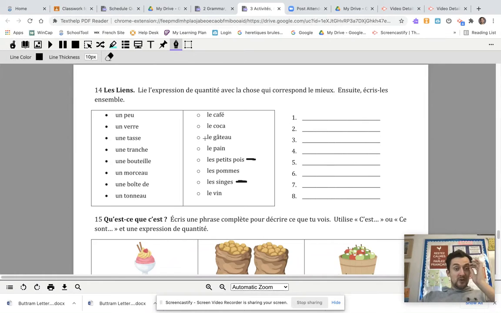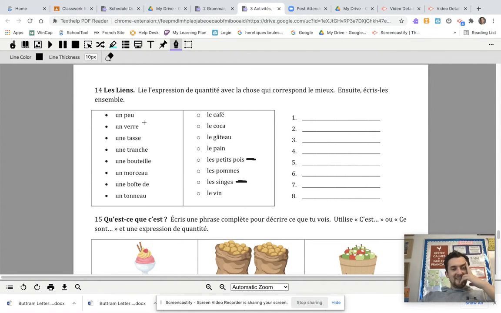Let's do... Which one would un peu go with? That's going to be slice. That's going to be... Oh, okay. So wine and Coke, you can use interchangeably. You can choose which one is... Oh, no. One of them's going to be a bottle.